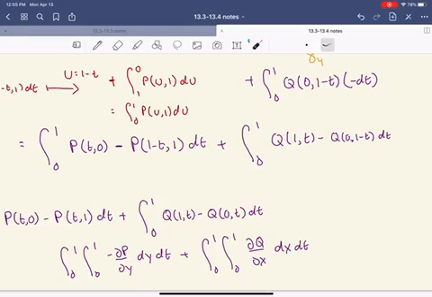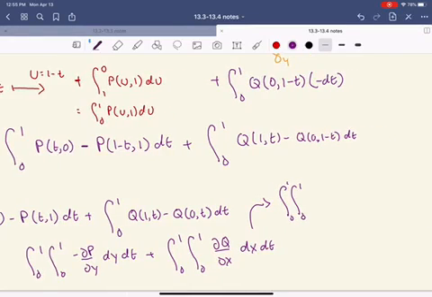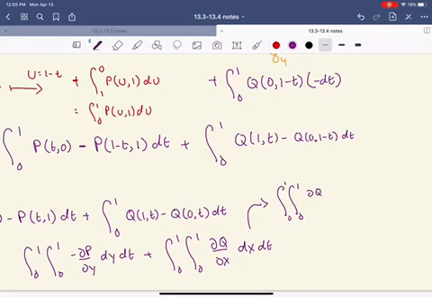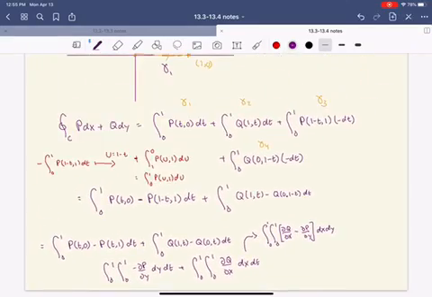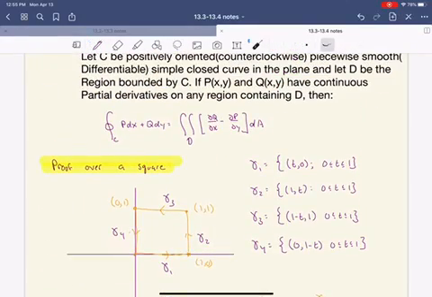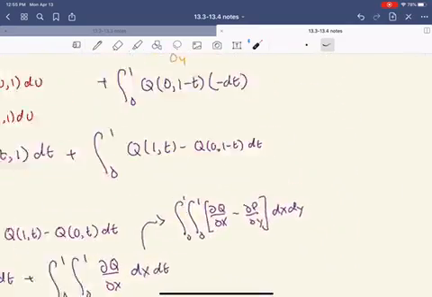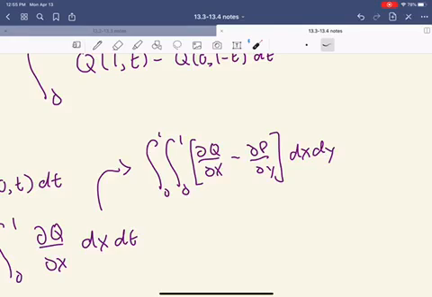So we get, running out of space, but that's okay because we're almost done, the integral from 0 to 1, 0 to 1, of partial q with respect to x minus partial p with respect to y. And then I'm not worrying about the order anymore. And that was our original statement. So that's Green's theorem. Okay. All right. Good to go.